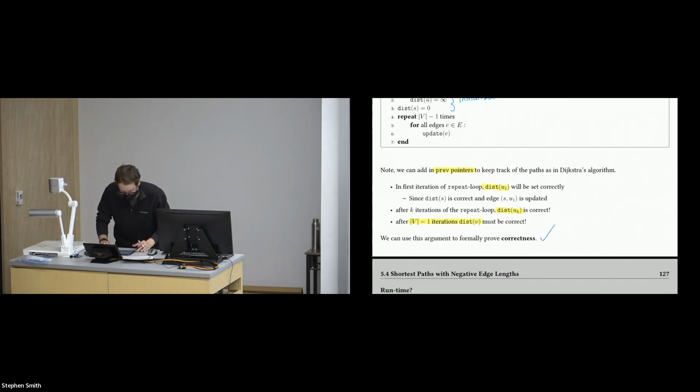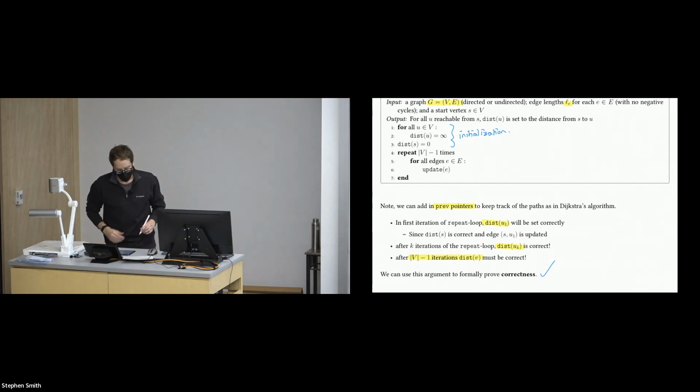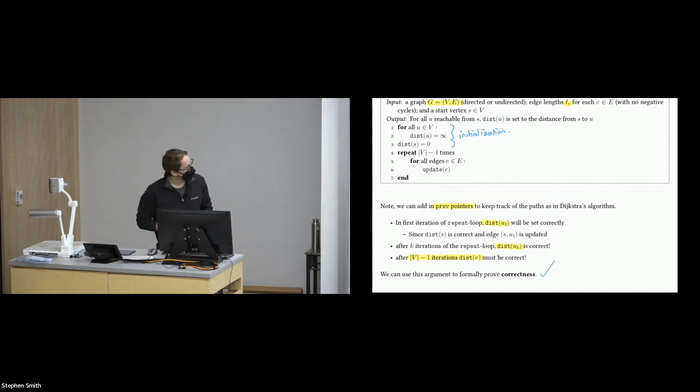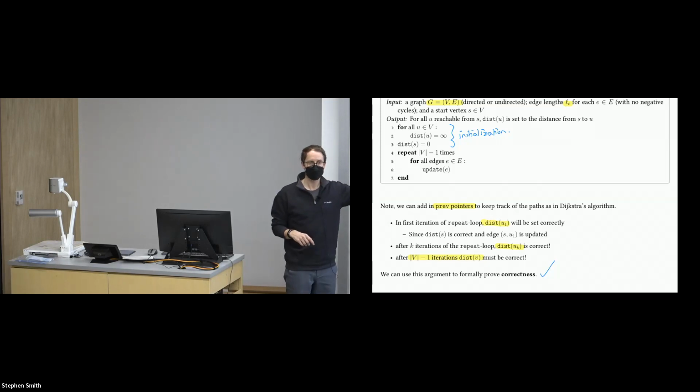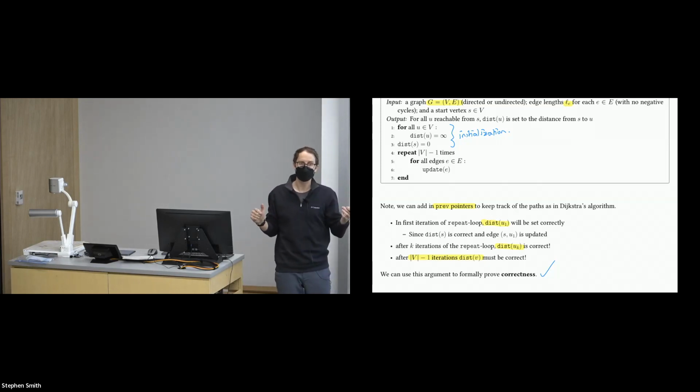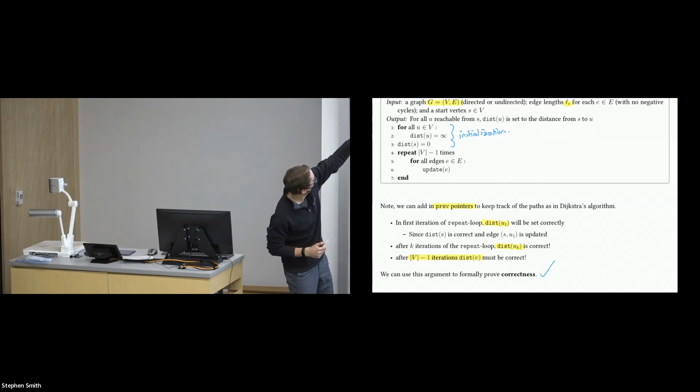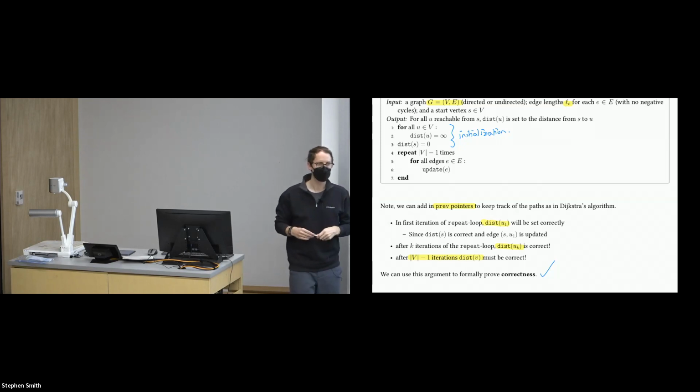So runtime. The runtime actually is pretty easy to write out. If update is an order 1 operation, because it just computes the min of dist v and dist u plus LUV, then what's lines 4, 5, 6, 7 costing me?